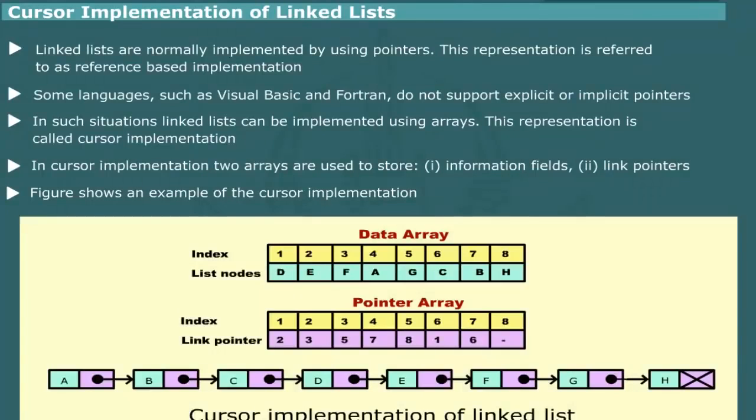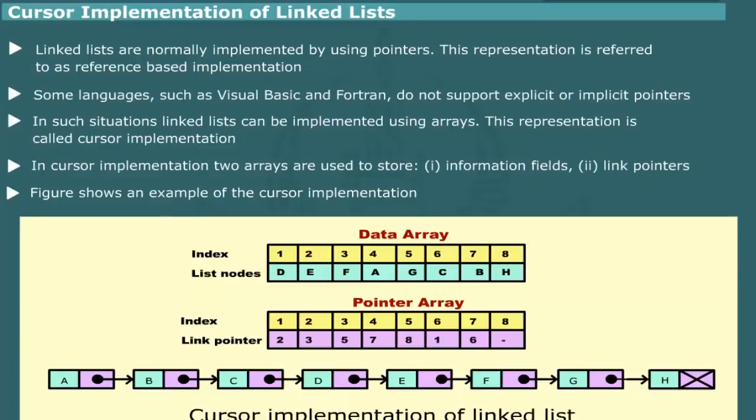Figure shows an example of the cursor implementation of a sample list which contains characters A through H. The data array holds the characters. The second array, called pointer array, contains the indexes of the next elements in the data array. A variable front is used to identify the first element of the list.